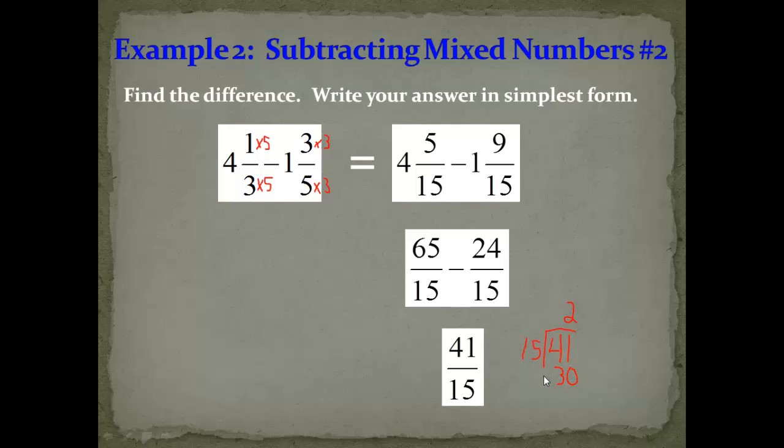We can subtract 41 minus 30, and that is 11. So we're going to get 2 and 11/15. 2 and 11/15 is in simplest form, so that is our answer.